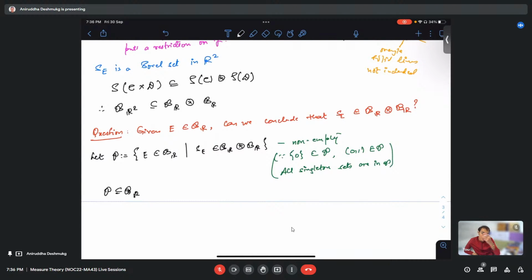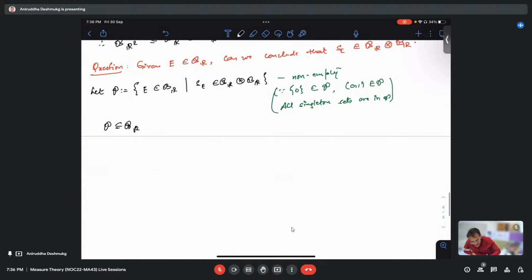First, let us prove that it contains all open intervals, and then we'll prove that it is a sigma algebra in itself. So let us take E as an open interval AB in R.